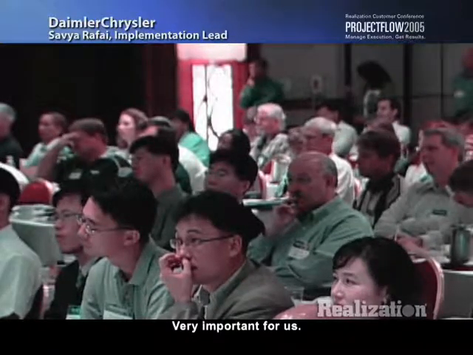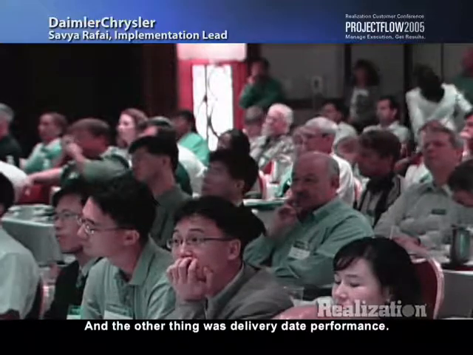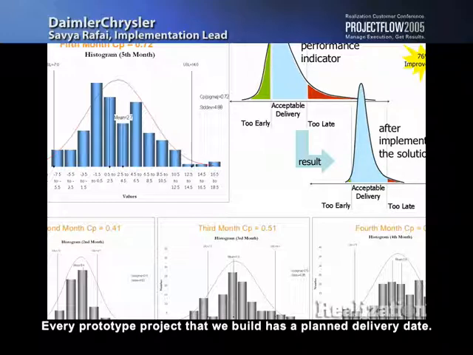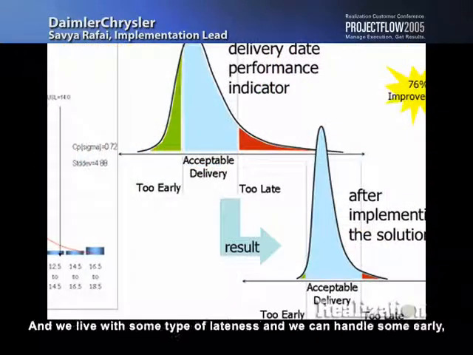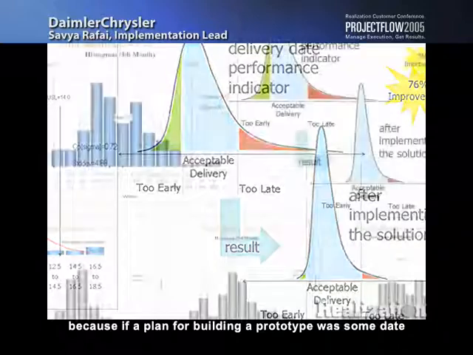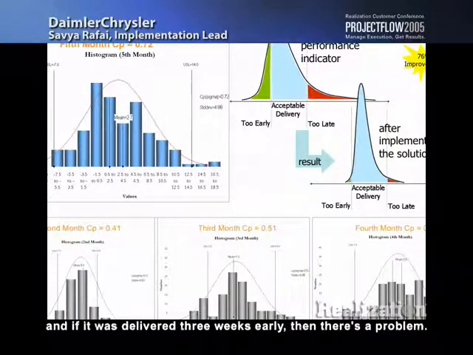Very important for us. And the other thing was delivery date performance. So let me explain a little bit about this. Every prototype project that we build has a planned delivery date. And we live with some type of lateness, and we can handle some early, but if the plan for building a prototype was some date, and it was delivered 3 weeks early, then there's a problem.